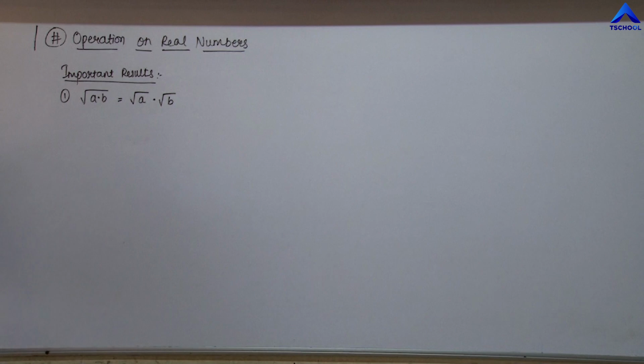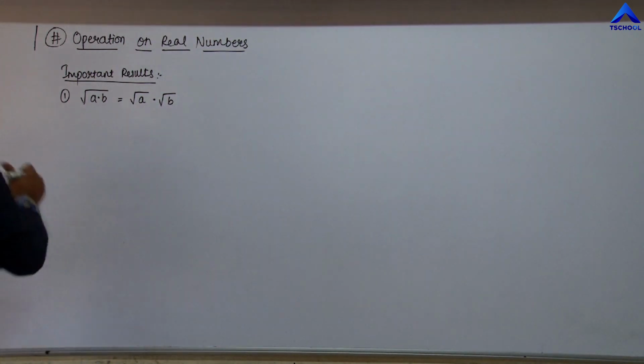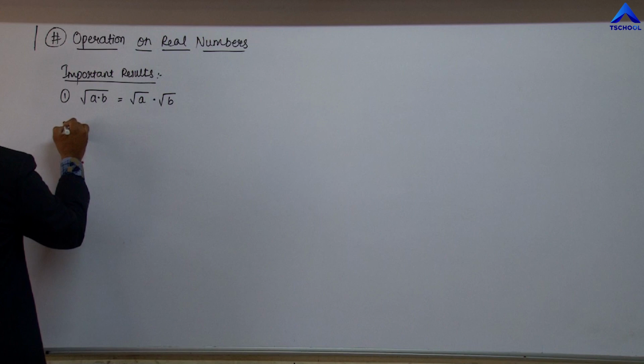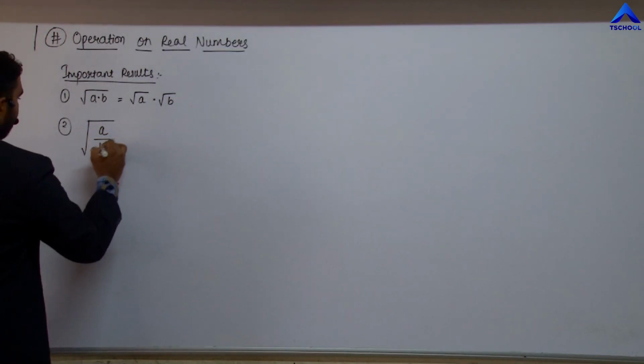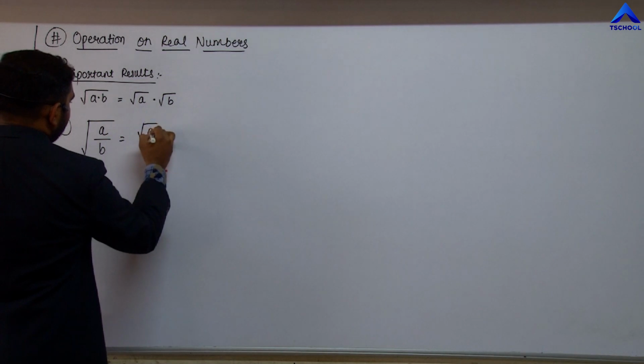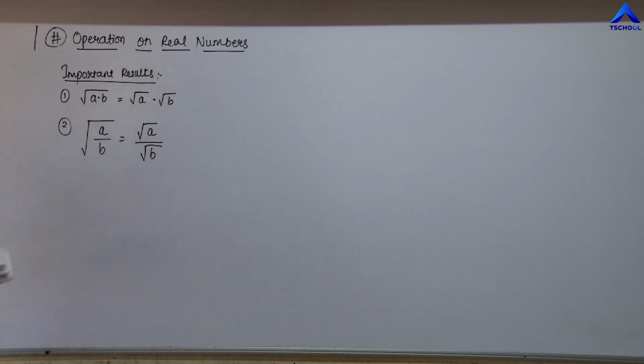Square root of two numbers a into b can simply be written as square root of a into square root of b. Then we can write the same thing in division also, that square root of a upon b is equal to square root of a divided by square root of b, right?